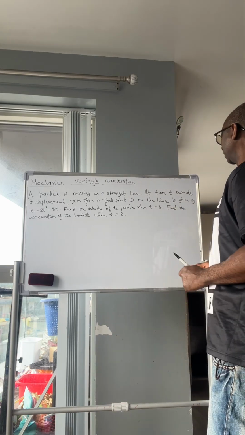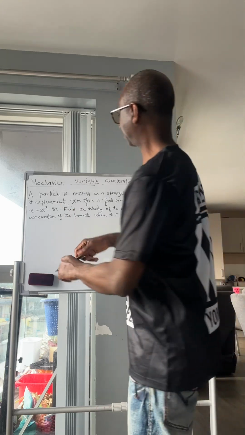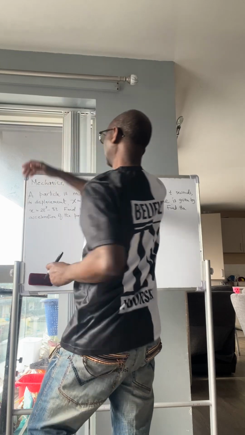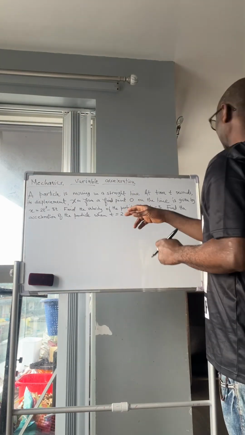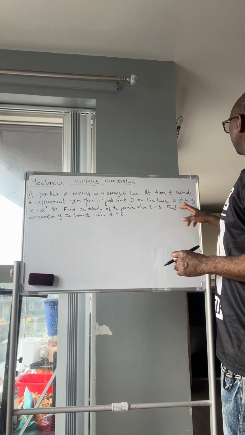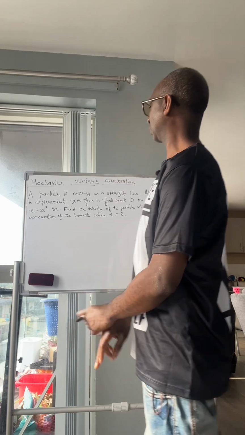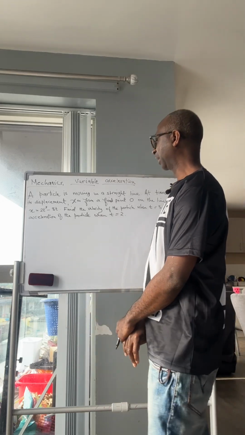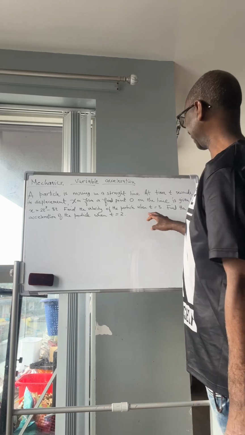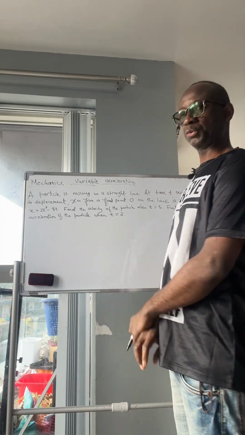At time t seconds, its displacement, x meters from a fixed point O on the line, is given by this function: x equals 2t to the power of 3 minus 8t. Find the velocity of the particle when t is 3. Find the acceleration of the particle when t is 2.